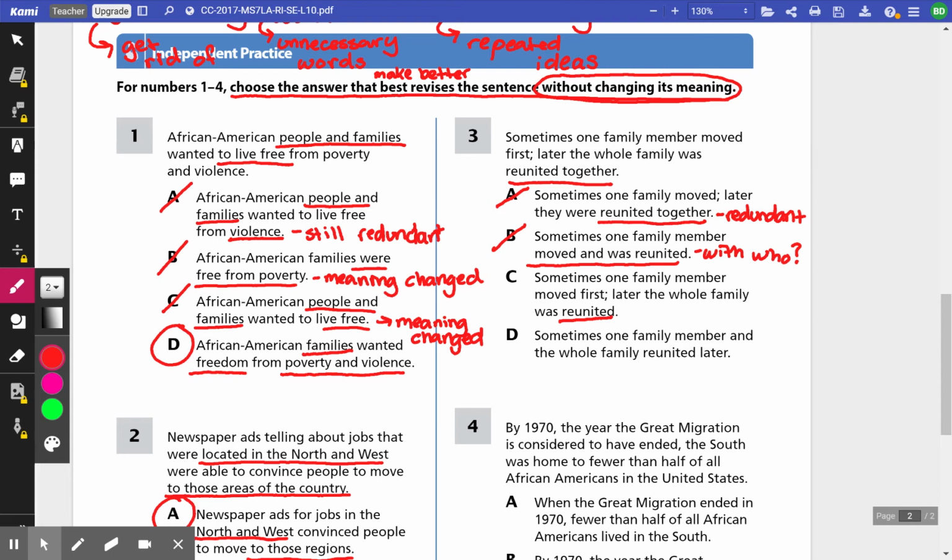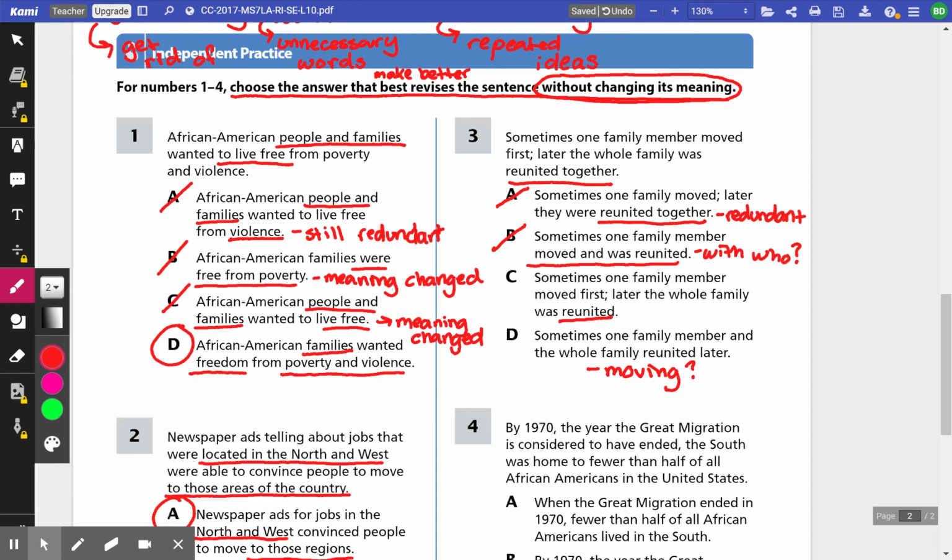So let's look at what D says. It says, "Sometimes one family member and the whole family reunited later." Okay. So this one doesn't really tell us why they would be reuniting. It leaves the whole part of the sentence about moving out. So we don't even know that the one family member would be moving and the whole family would be reunited later.